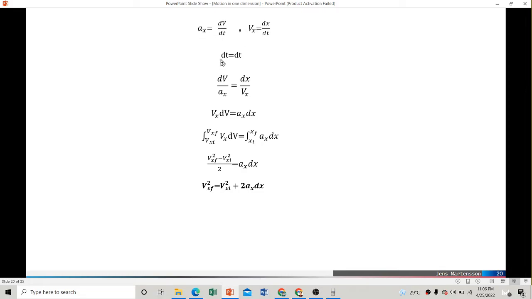So when dt is equals to dt, so atong equation na is equal to dv over ax, that is equal to dx over vx. And then by cross multiply and by using the integration na concept para ma-cancel out niyang differential element.